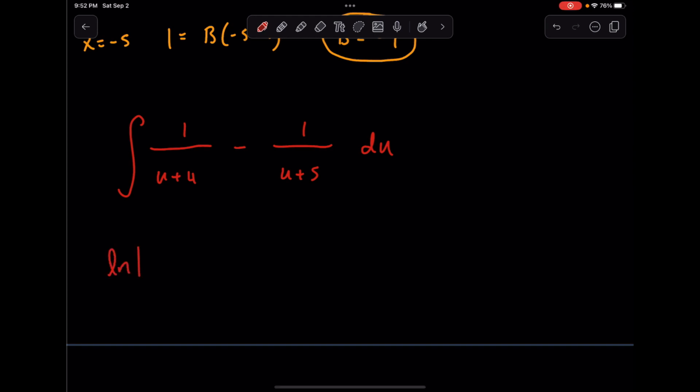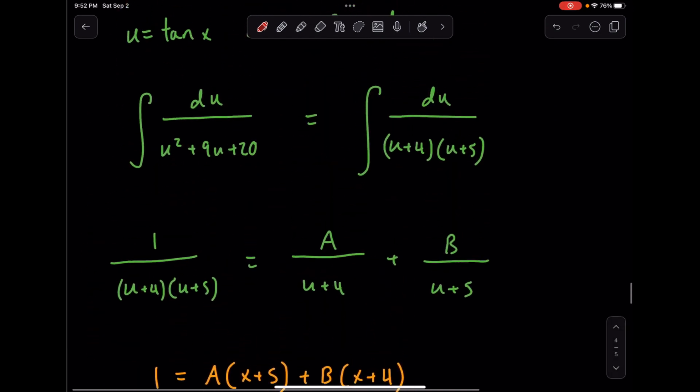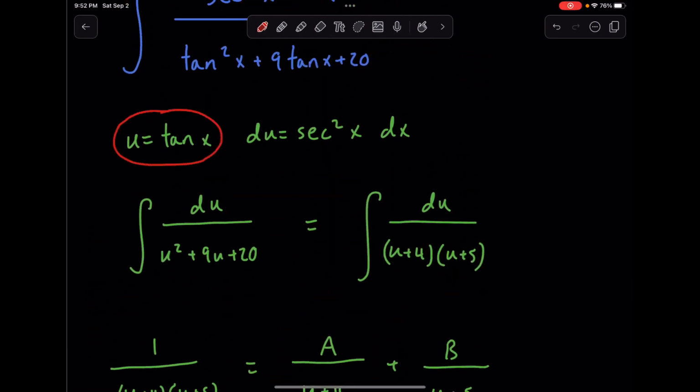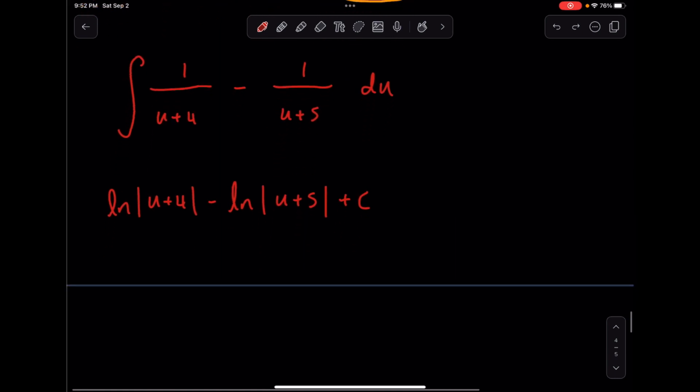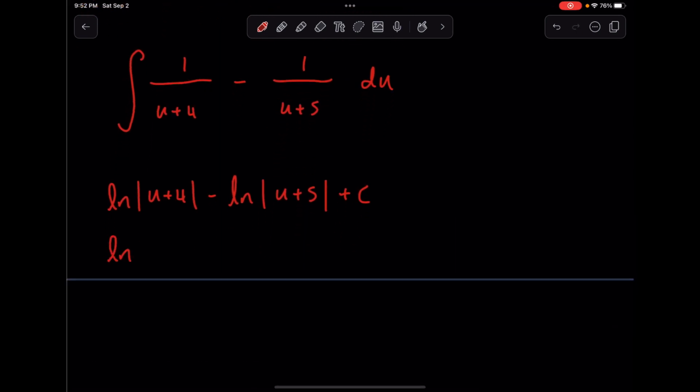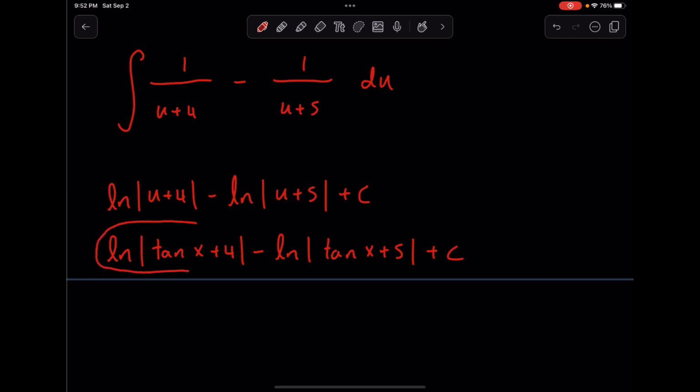So this is ln absolute value of u plus 4 minus ln absolute value of u plus 5 plus c. But we need to remember that originally we set u equal to tangent of x, so our final answer will have to substitute in for u. So our final answer is ln absolute value of tangent x plus 4 minus ln absolute value of tangent x plus 5 plus c. And that is another way that you can use partial fractions to solve an integral question.